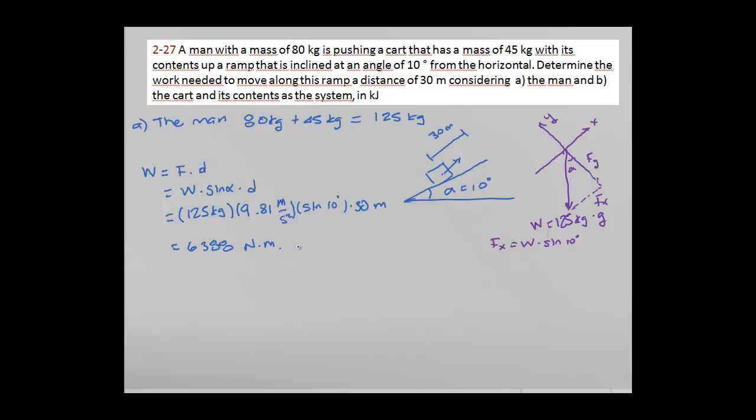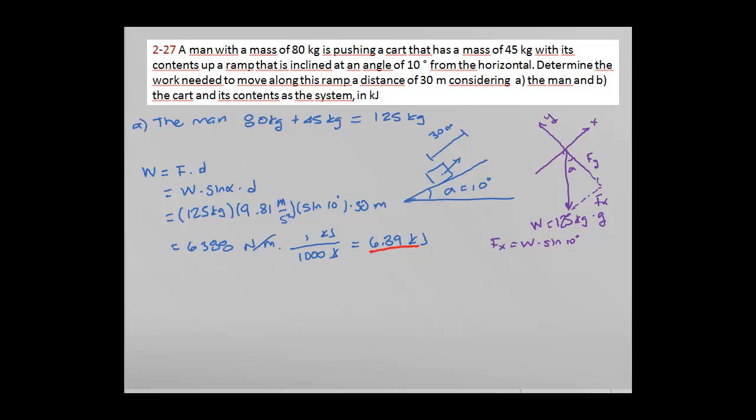We can apply that 1 kilojoule is 1,000 joules. We cancel this and we will have 6.39 kilojoules. So this is our answer for the man.